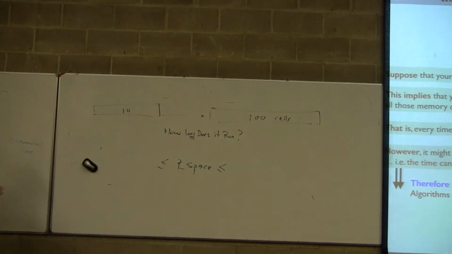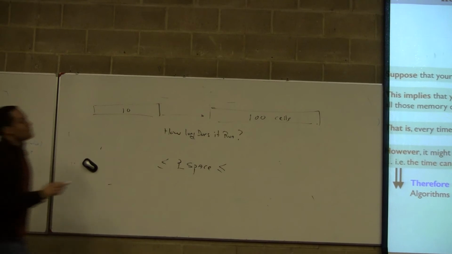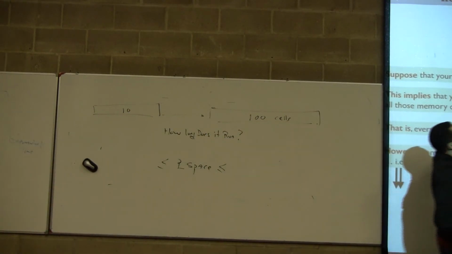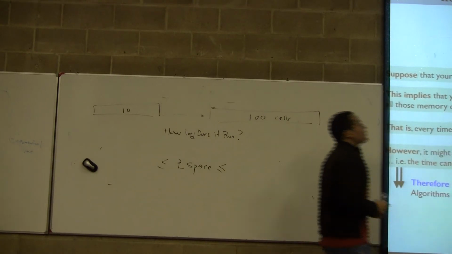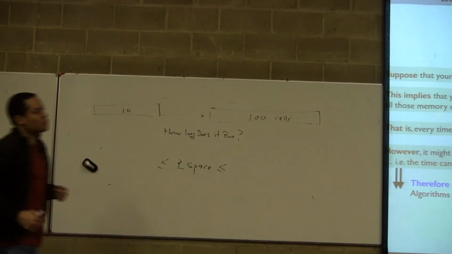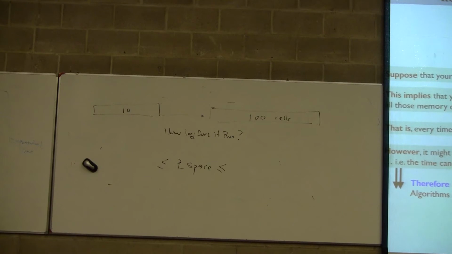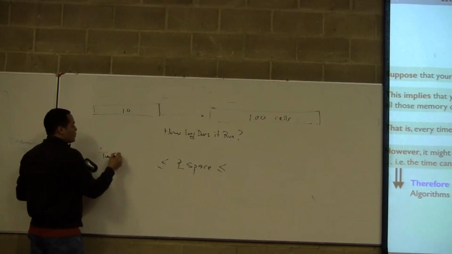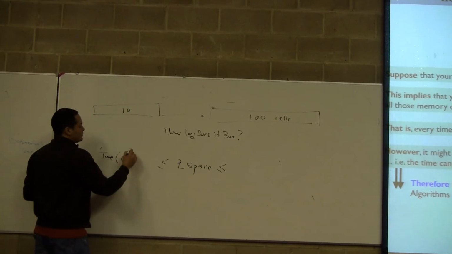So the minimal time that it takes is on the same order of the space that you have there. So the time for this will be on the order O(n squared).